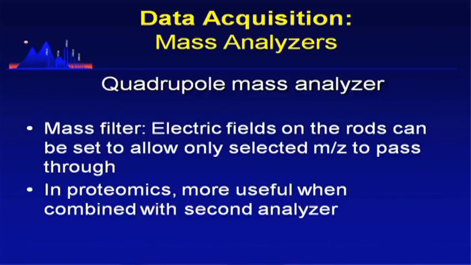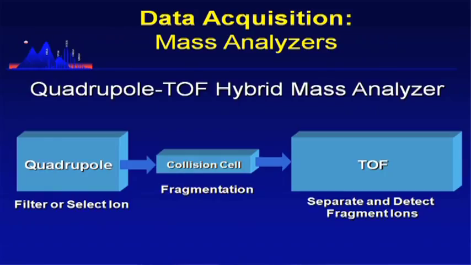We apply an electric field on these rods such that only ions of a selected mass over charge ratio have a stable oscillation down the length of the quadrupole. Those will be the only ones that make it the whole length and come out the other end to the detector. The rest of them become unstable and go off to the side. So it's very good as a mass filter.